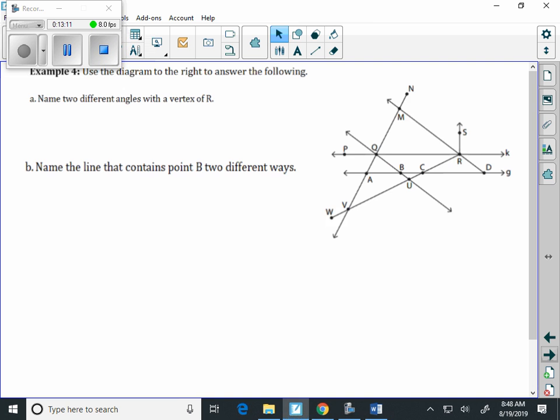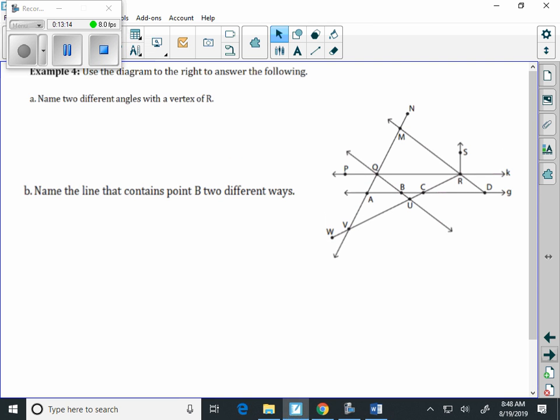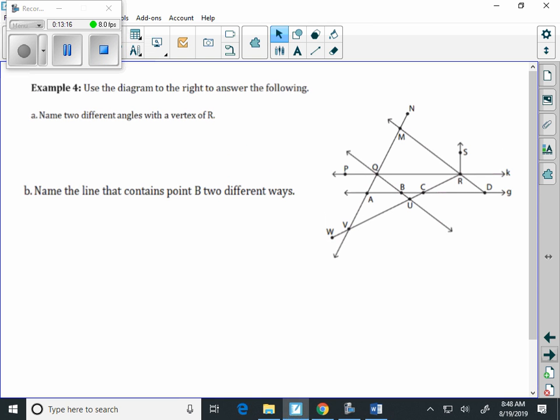Number 4, use the diagram to the right to answer the following. It says name 2 different angles with vertex of R. And once again, a reminder, as we name them, if we are using letters, the R needs to be in the middle. We're going to write down 2 of them, but there could be many of them. Just because your 2 angles don't match the person sitting beside you does not mean that you are wrong.